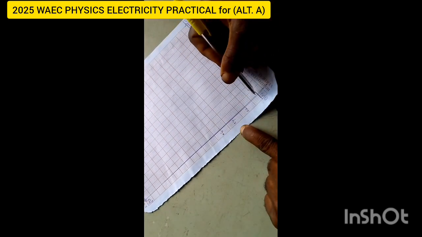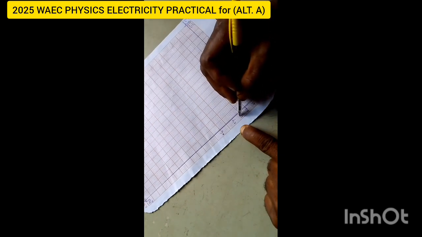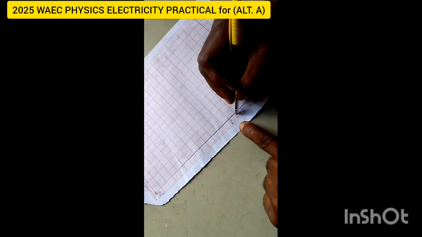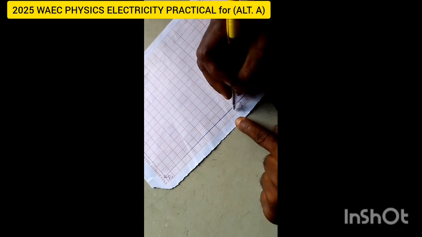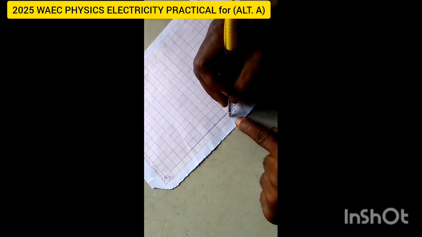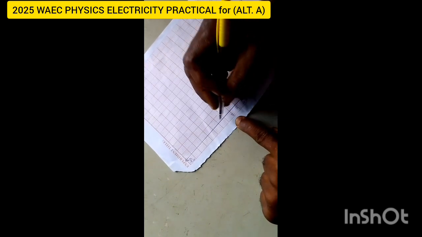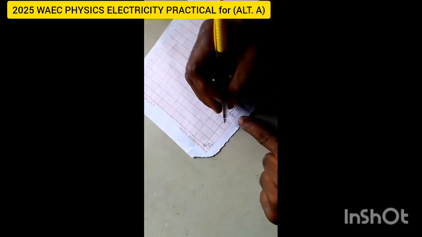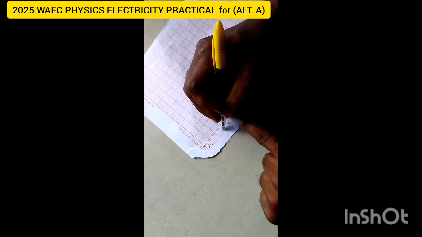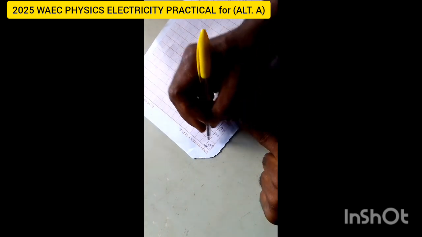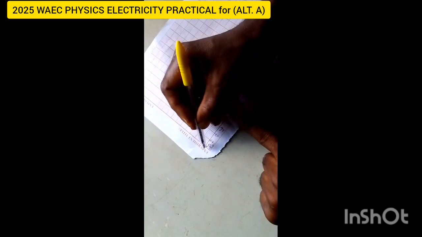That means here is 0.1. 0.3 here, 0.5 here. You continue. 0.7, 0.8, 0.9, 1.0, 1.1, 1.2, 1.3, 1.4, 1.5, 1.6, 1.7, 1.8. Somewhere here is 1.9.